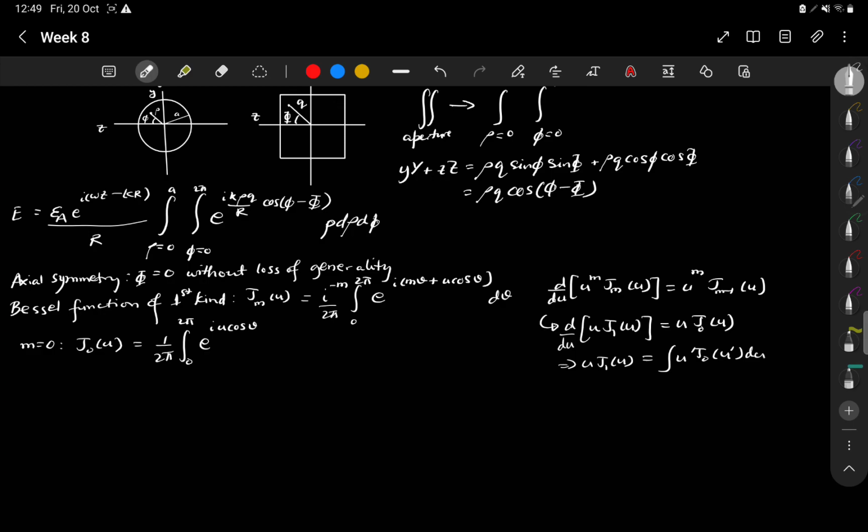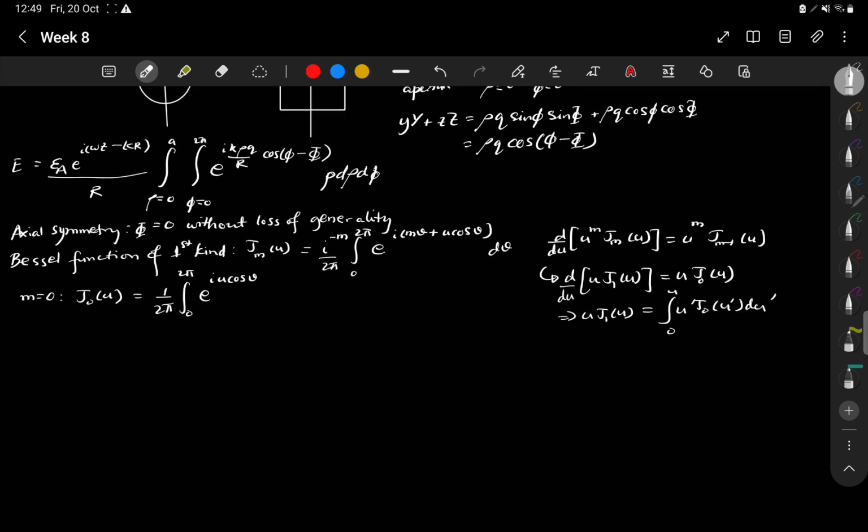And this is just basic calculus, principle of calculus. Okay, so now using these identities, our electric field at the screen would become the following.